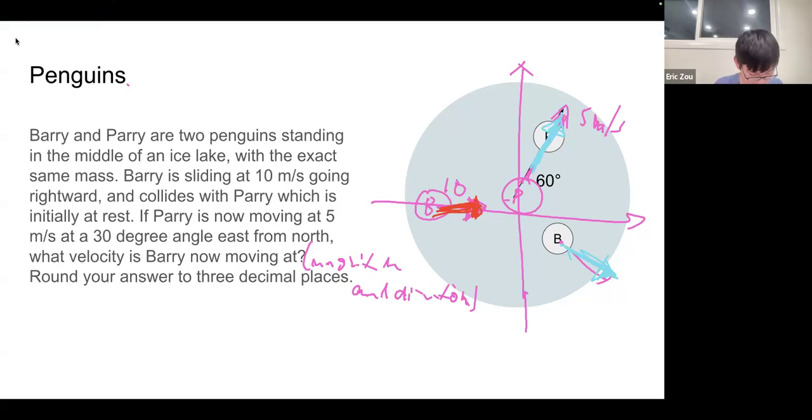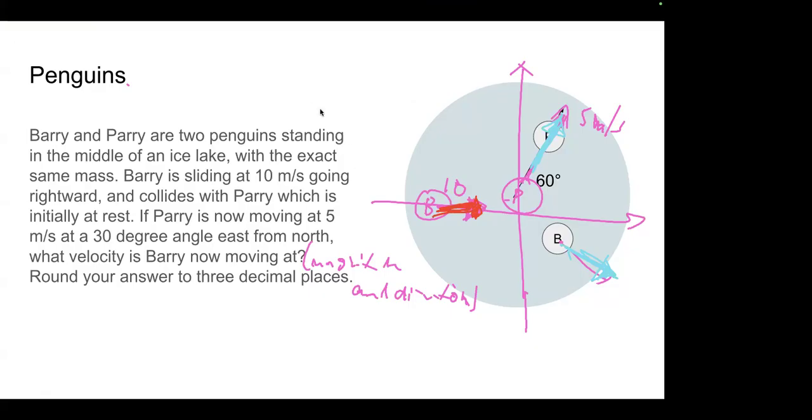All right, I'll pick someone random to give either the magnitude or direction. Okay, Sarah, do you know either the magnitude or the direction of the velocity of Barry? Wait, no, I unmuted myself accidentally. I don't want to talk. Sorry.